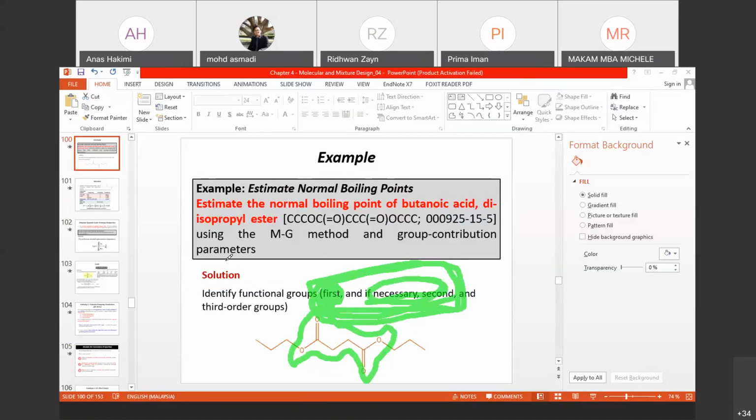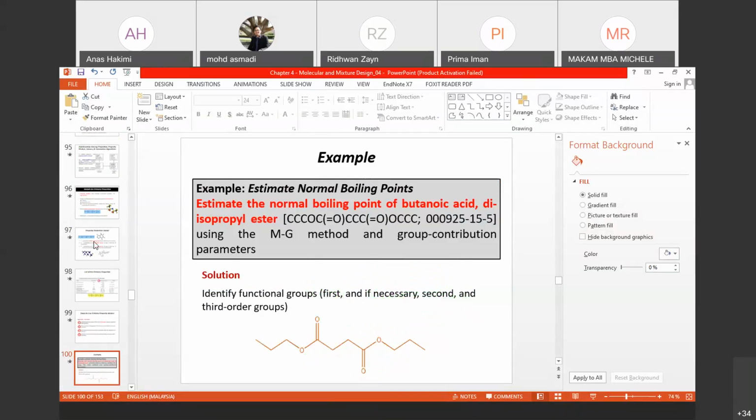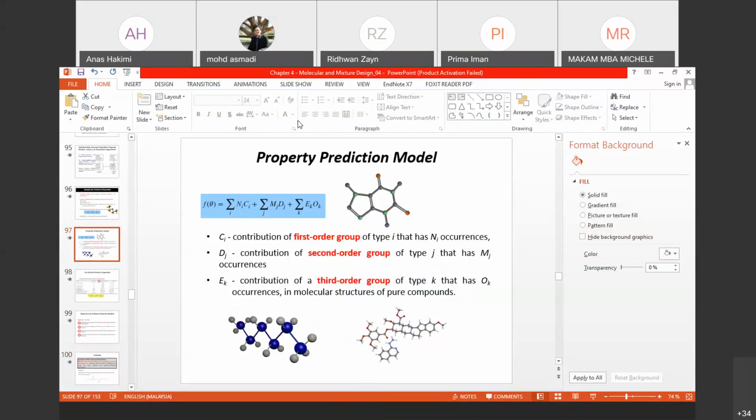So you need to calculate until this one. You can try, is it any different or not? Calculate until here or just here, so you can compare. Of course it's going to be redundant.